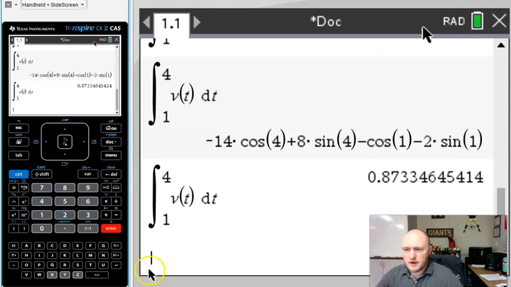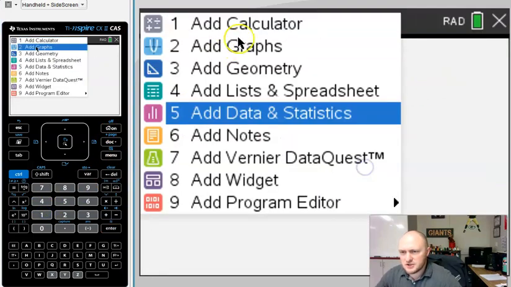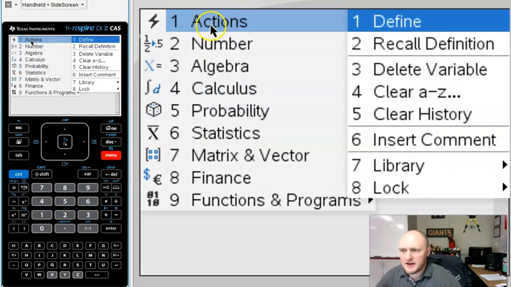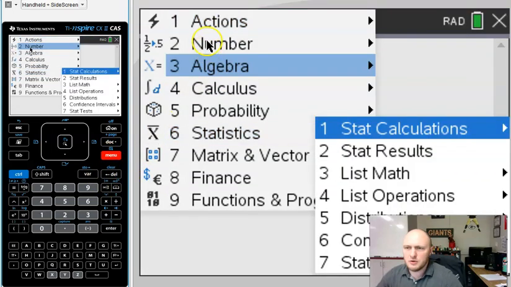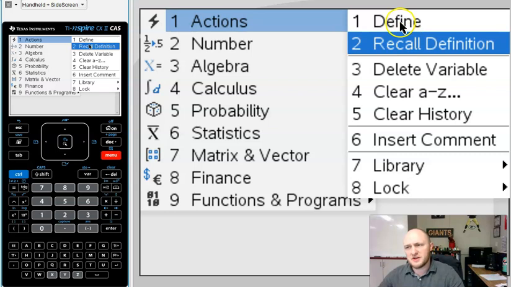All right, so let's define this right away in our calculator. I'm going to start a new page. You can change your definitions. You can do recall a define under here in actions. So again, menu, number 1, actions, and then I'm going to define. But if I had kept my old page, you could recall that definition and change it.